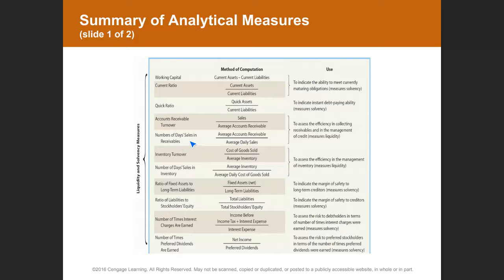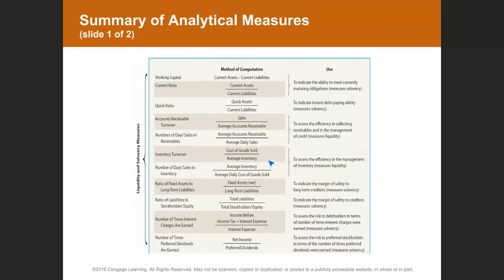Number of days sales in receivables. To calculate that, you would take average accounts receivable divided by average daily sales, and again, it measures liquidity. Your inventory turnover is calculated by taking your cost of goods sold divided by average inventory.